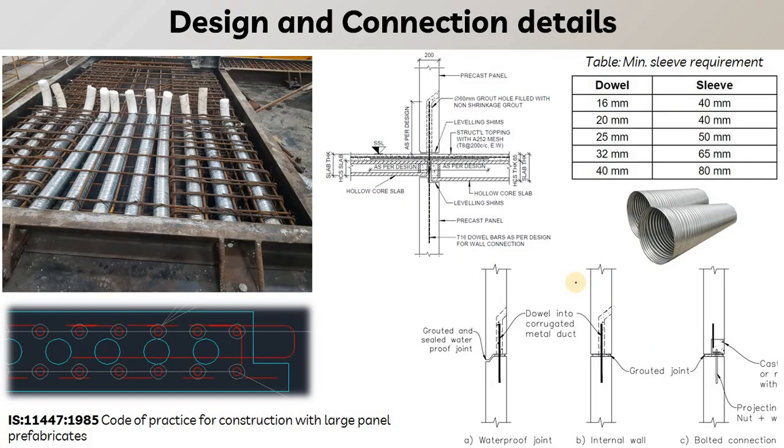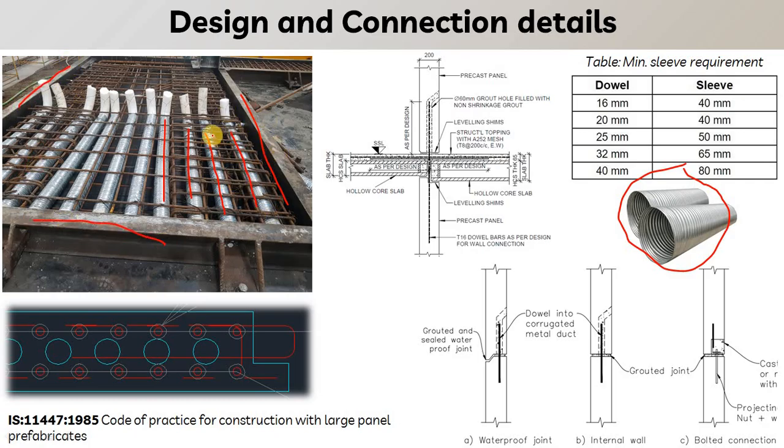If we talk about the vertical connection of the panels, we have dowel tubes. Here you can see the dowel tube that is used, also known as corrugated dowel tubes, placed in position before concreting. First the mold will be prepared. Here you can see the side shutters on both sides, and this is the bottom shutter.